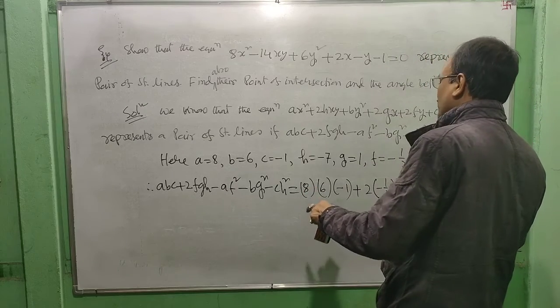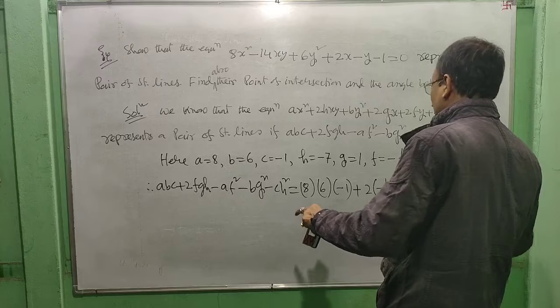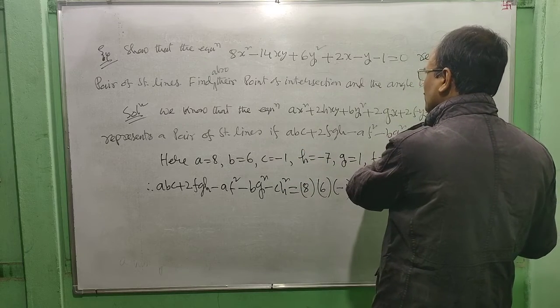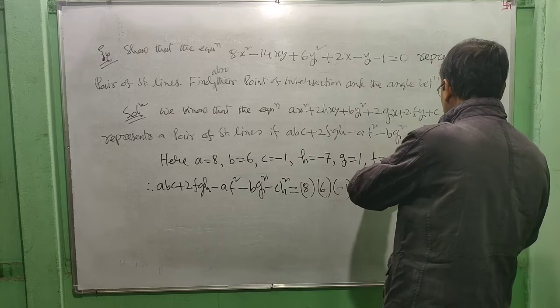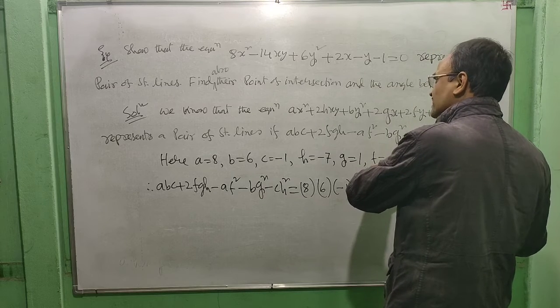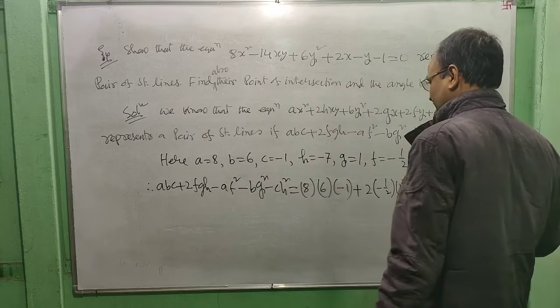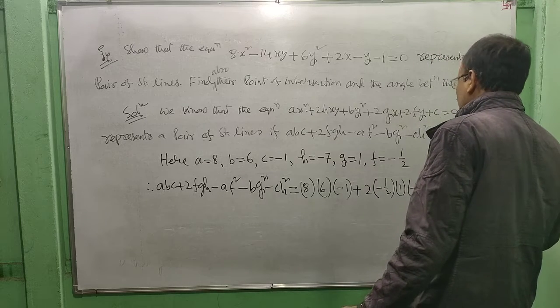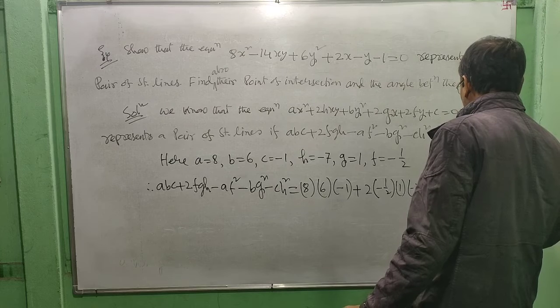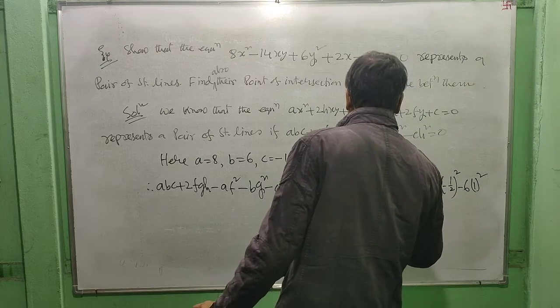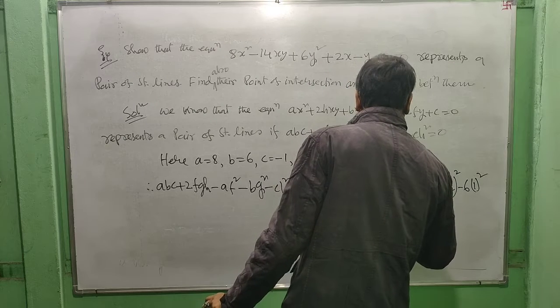FGH minus AF square. A means 8, F square. F is equal to minus half. AF square minus BG square, 6 into 1 square, minus CH square, minus 7 whole square.